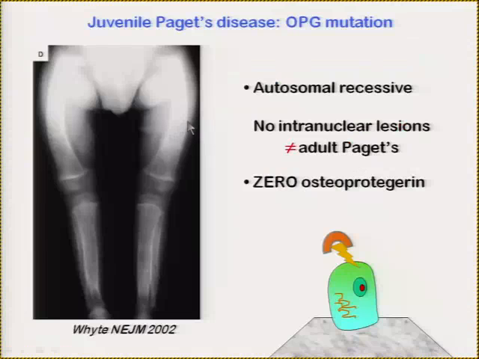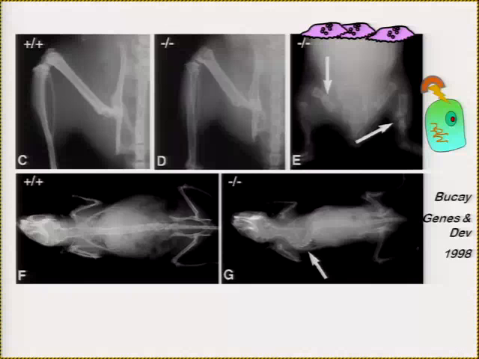This disease is autosomal recessive, and these patients don't have osteoprotegerin blocking whatever it's blocking, which is this little thing here. Because of no OPG, there are lots and lots of osteoclasts. This is exactly true in a mouse where you knock out OPG.